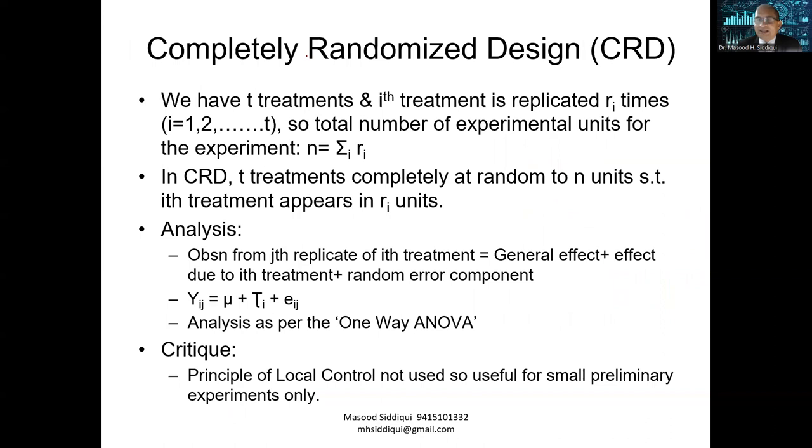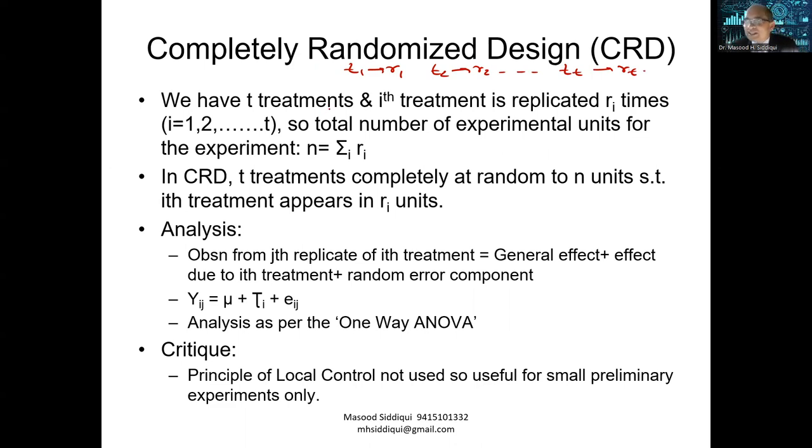Now, we are discussing the layout and the concept of the completely randomized design, that is the CRD. Suppose we have t treatments, and the ith treatment is replicated ri times. Means T1 is repeated r1 times, T2 is repeated r2 times, and in the same way Tt is repeated rt times.